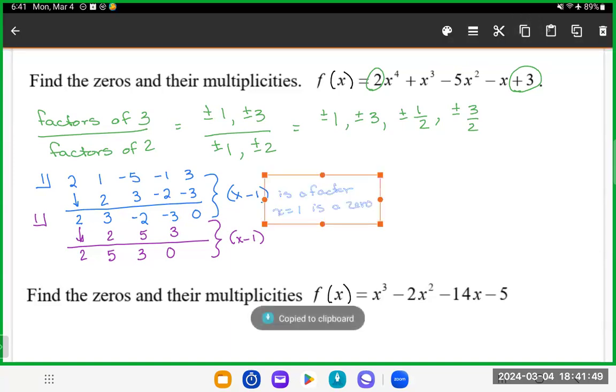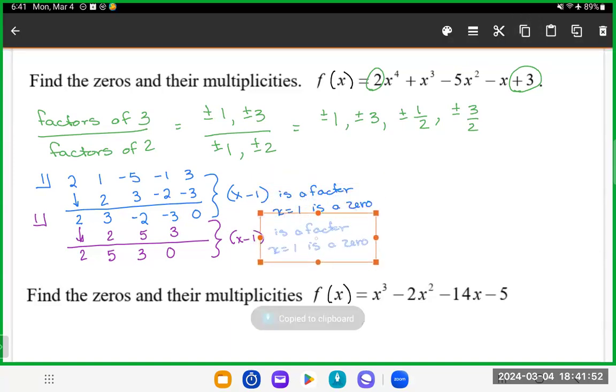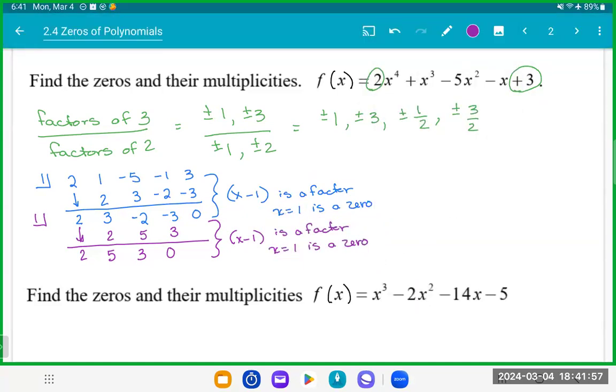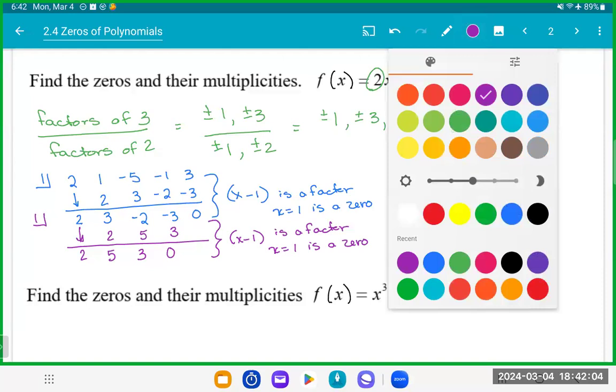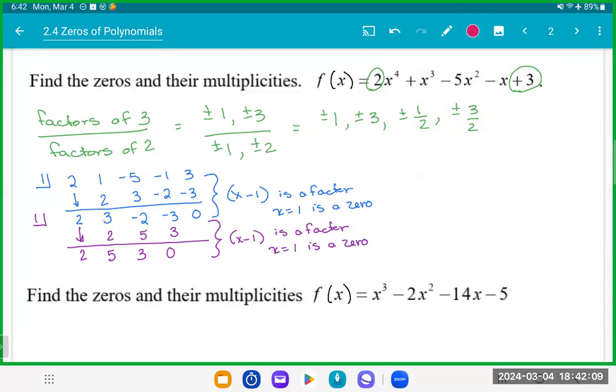Okay, and just copy that and put it here. So now that means that x minus 1 is a factor with multiplicity of 2, right? So if we're looking at this problem here, that means that if this was x to the 4, then this is x cubed, x squared, x, and that's constant. If that's x cubed, then this here is x squared, x, and a constant, okay?